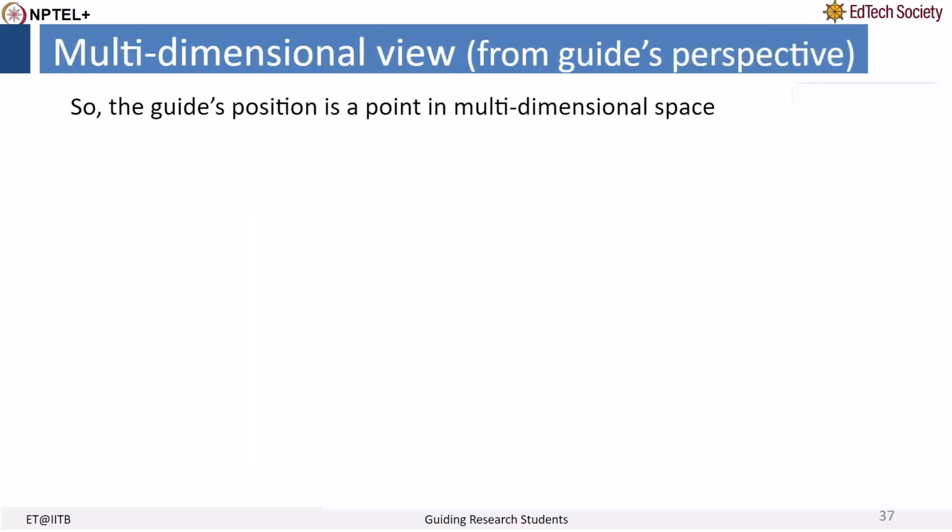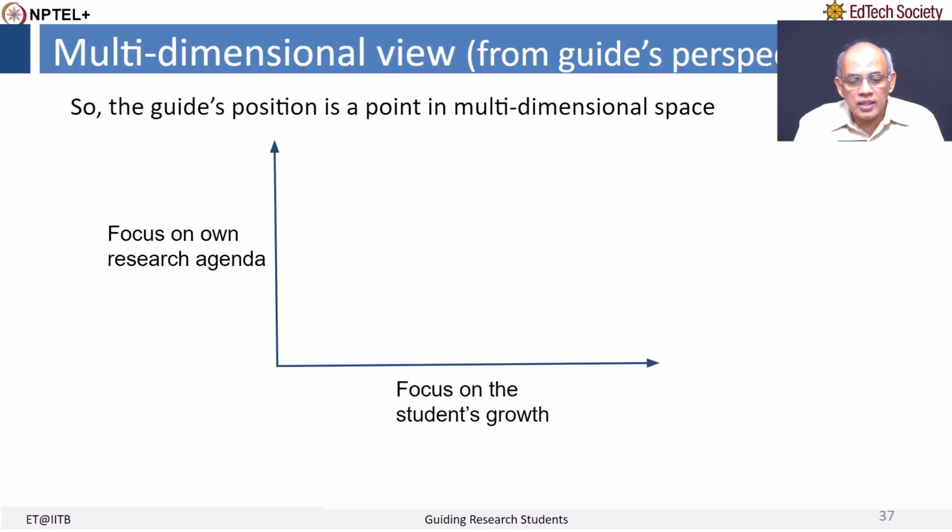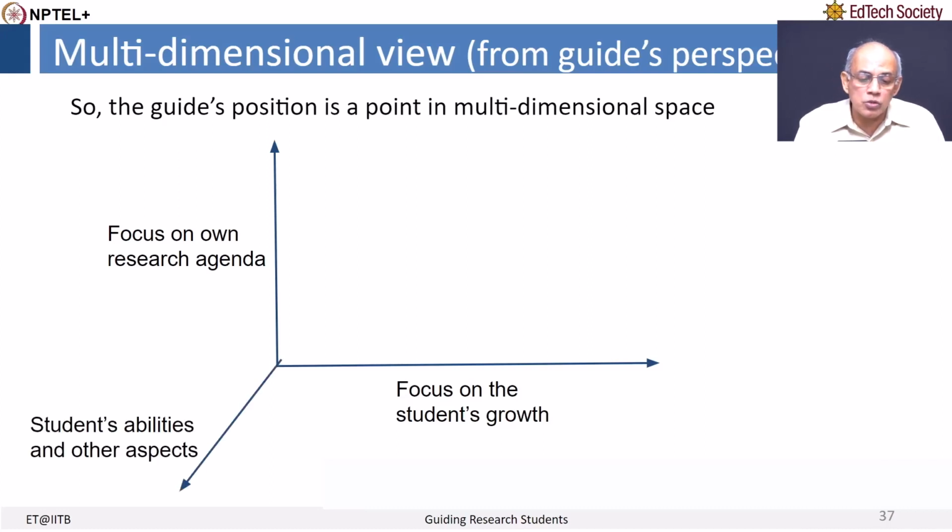It is a multidimensional view, and if you think of it geometrically, it's a point in a multidimensional space where on one axis can be the focus on your own research agenda, on another axis can be the focus on the student's growth, on a third axis there could be the student's abilities and other aspects, a fourth axis might be what the institute wants you to do, and so on and so forth.